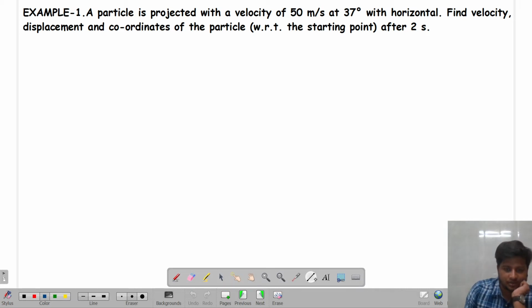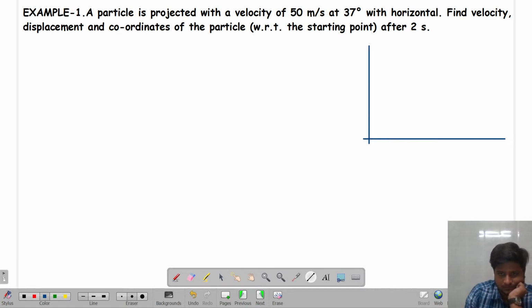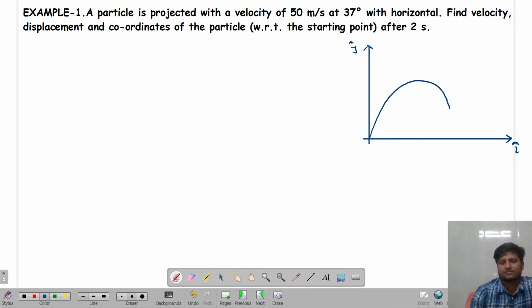What it is saying, I'll draw the diagrams. A particular projectile is there. This is, let's suppose, I'm not calling it x-axis, j cap. This is i cap. Vector form we are utilizing. A projectile has been thrown. A projectile is there whose initial velocity is how much, guys?